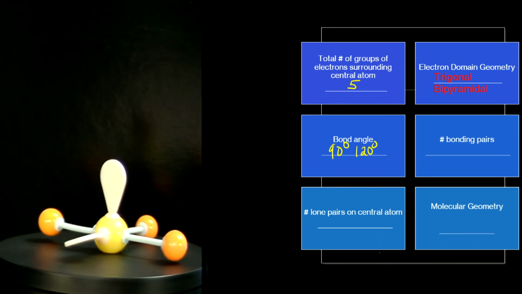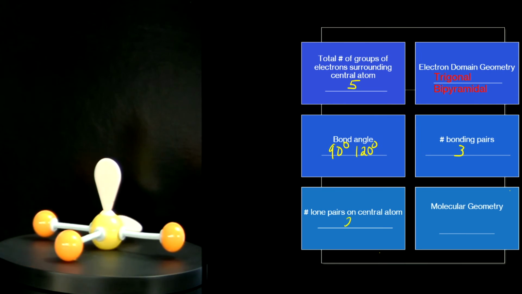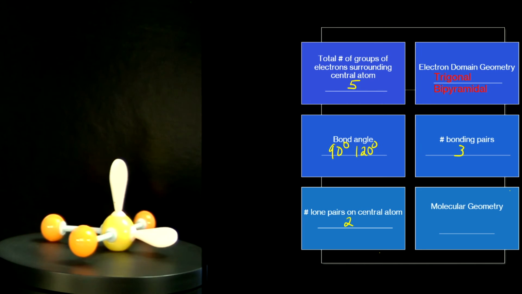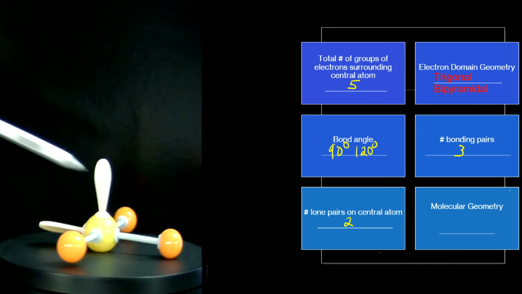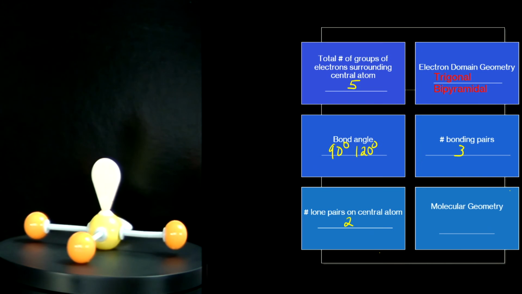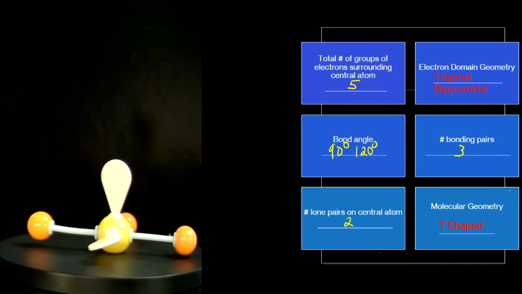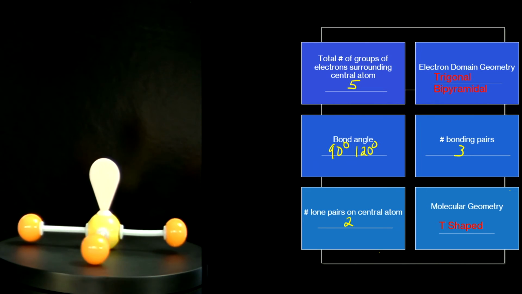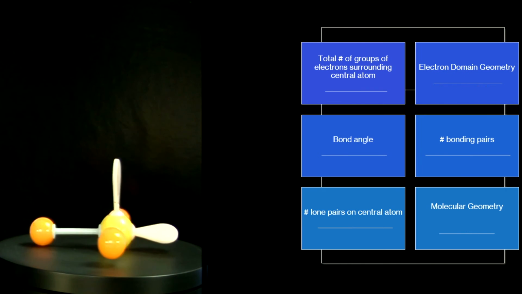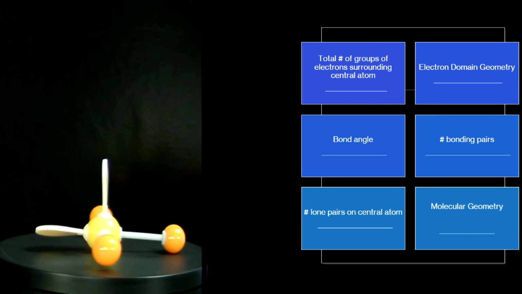Our bonding pairs are 3. Our lone pairs are 2. And the molecular geometry, waiting for it to come around, it's like a letter of the alphabet. So it's a capital T. So we refer to that as T-shaped. Kind of cool. Next up is XeF2.